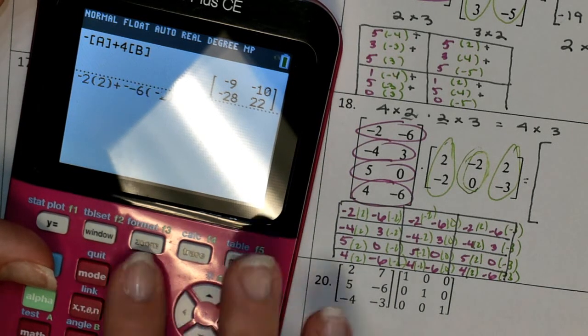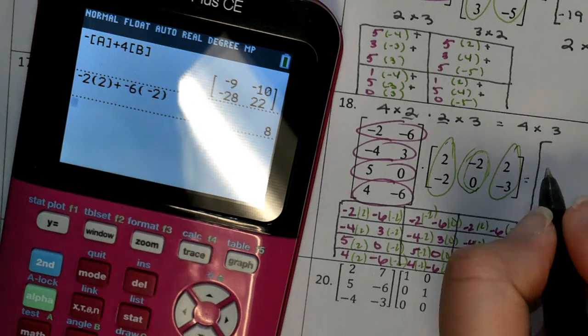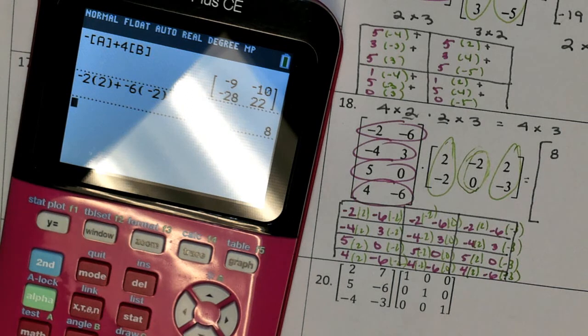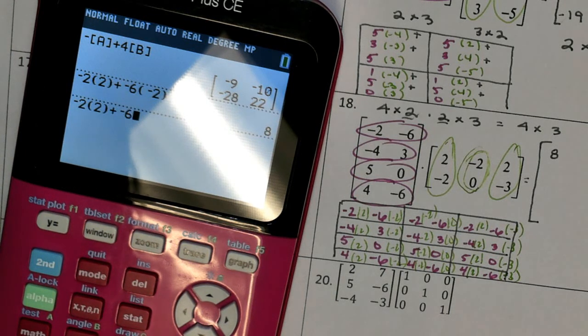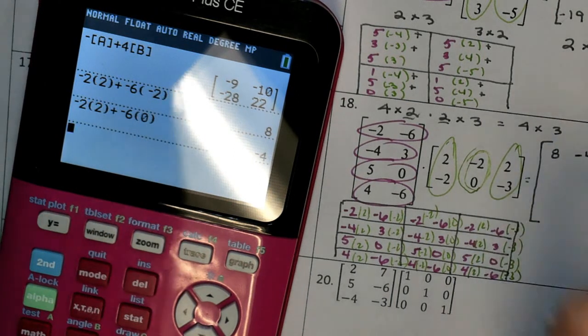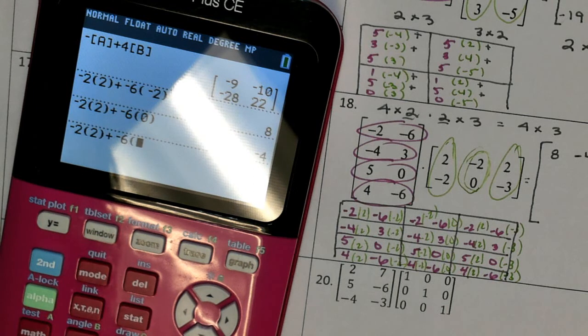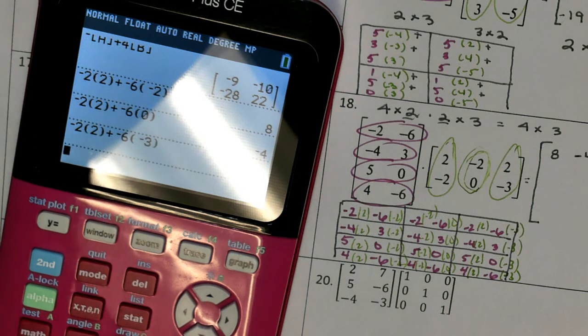That number is 8, so 8 goes in that first spot. Negative 2 times 2 plus negative 6 times 0, negative 4 goes in that second spot. Negative 2 times 2 plus negative 6 times negative 3, 14 goes in this last spot.